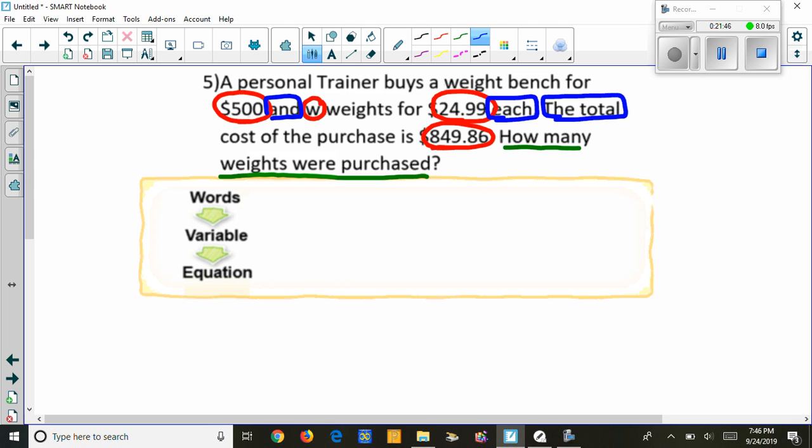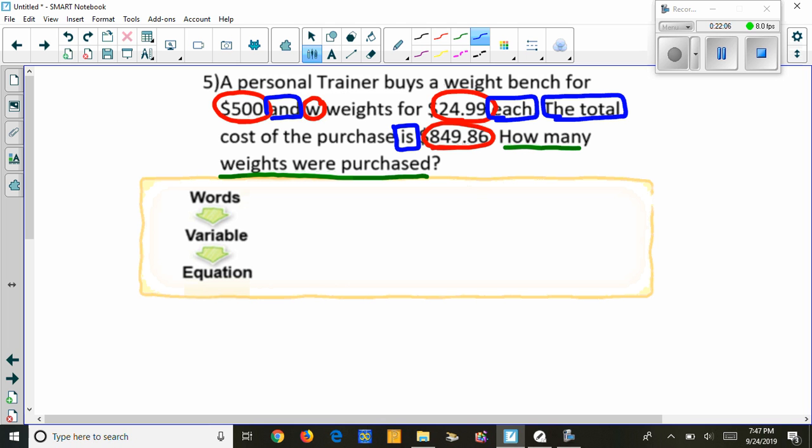Now, I boxed in total. I could also just have boxed in is. But that just tells me what side is actually going to just be equal to a number versus the side that's going to have the variable on it.